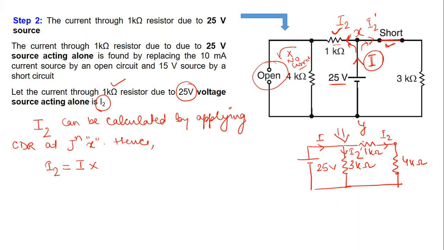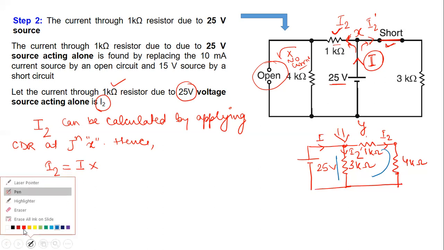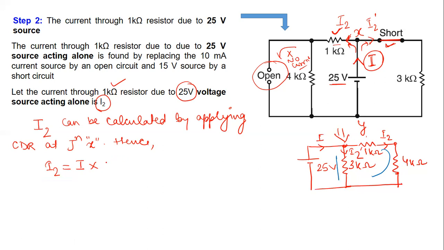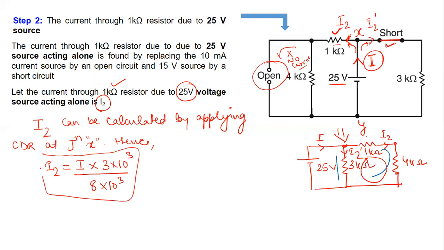So I2 is in this branch here. These two branches are in parallel to one another. So we can write I into 3 kilo ohm divided by the sum of all these three resistances, 1 plus 4 plus 3, 8. By using this equation, we can find out the value of I2.